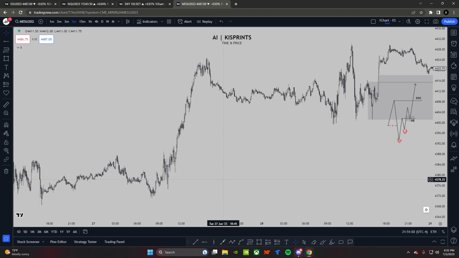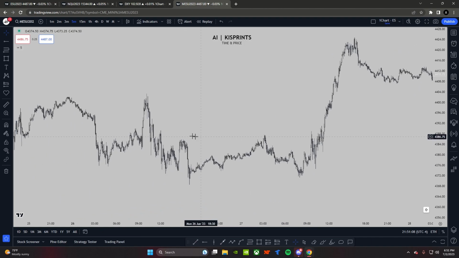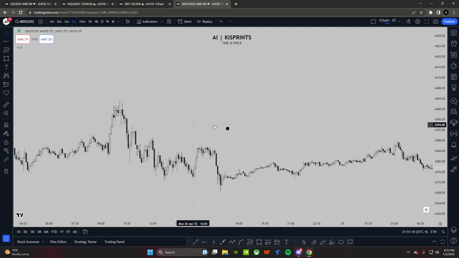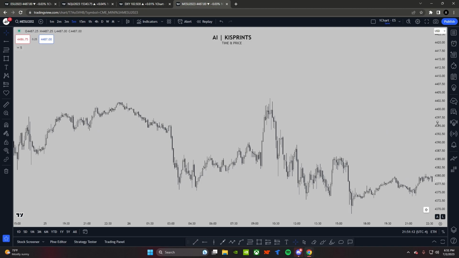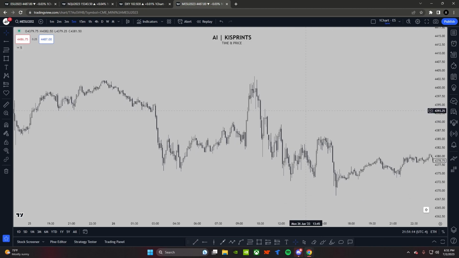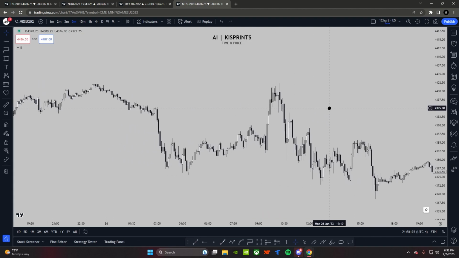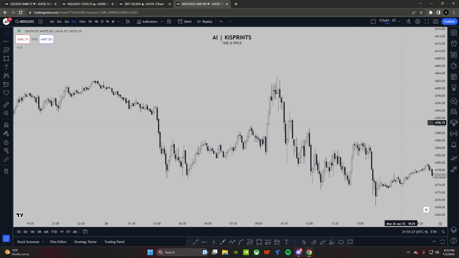Alrighty, so going off to our bearish example, it's going to be on Monday, on the 5 minute. Always keep in mind, when looking at the mitigation block, the breaker block.